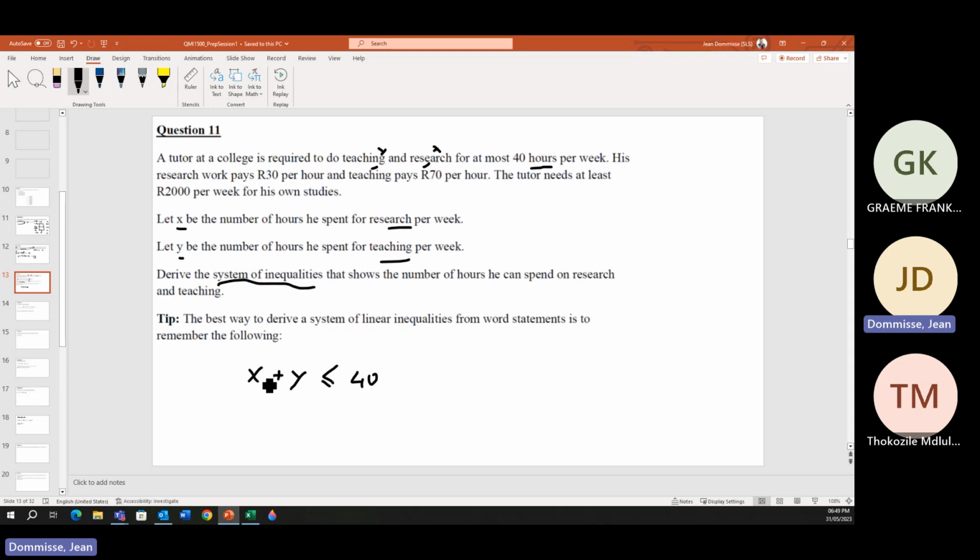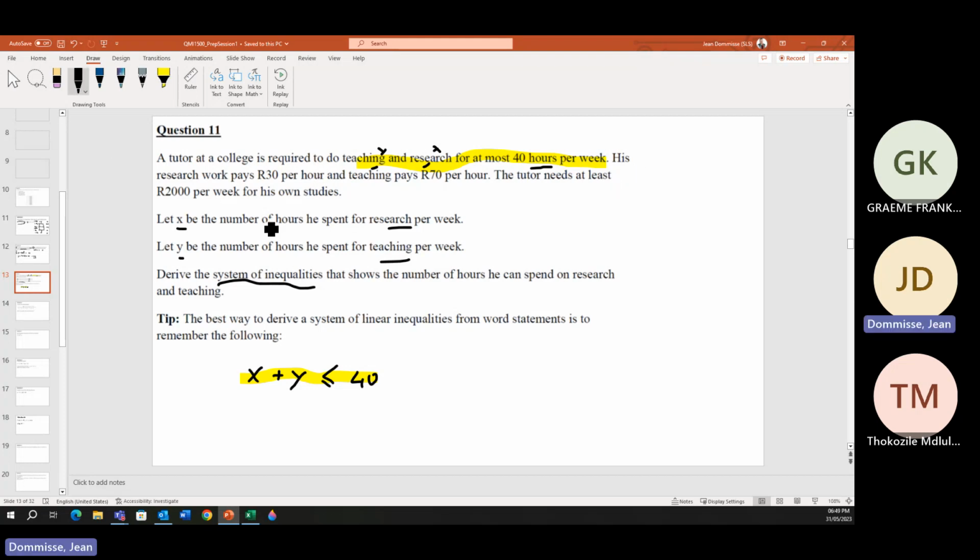So the first equation is that the time for teaching and the time for research is less than or equal to 40.